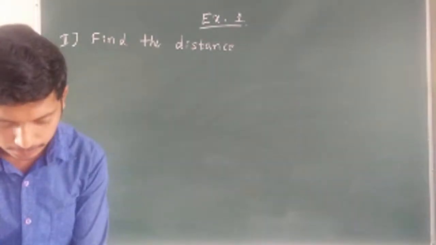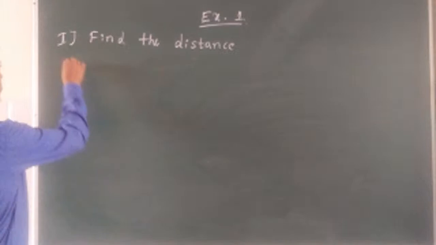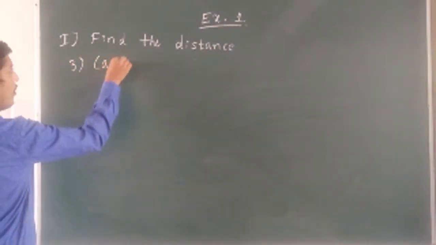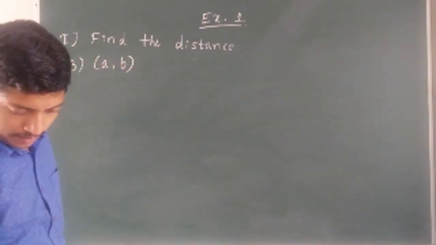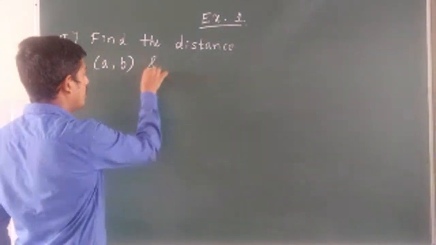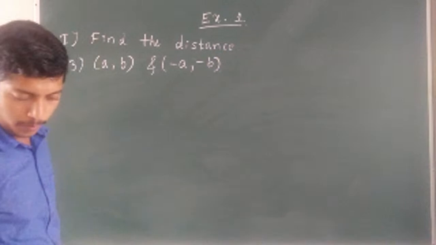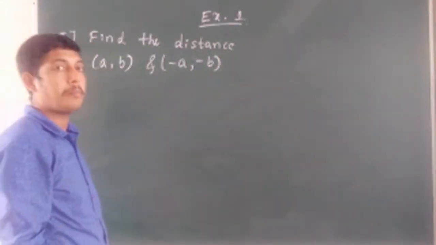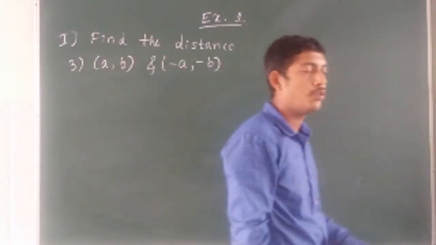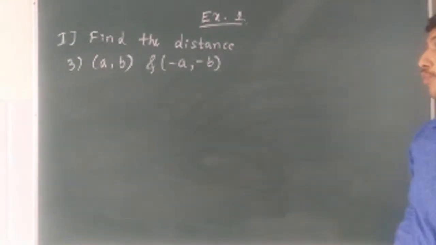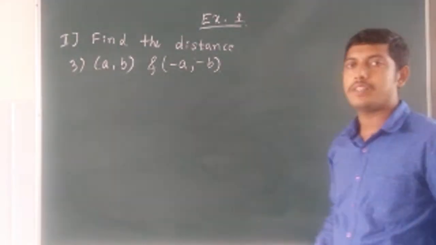Now I'll solve another problem. The first point is a comma b and the second point is minus a comma minus b. These are the 2 points and now we have to find out the distance between these 2 points.